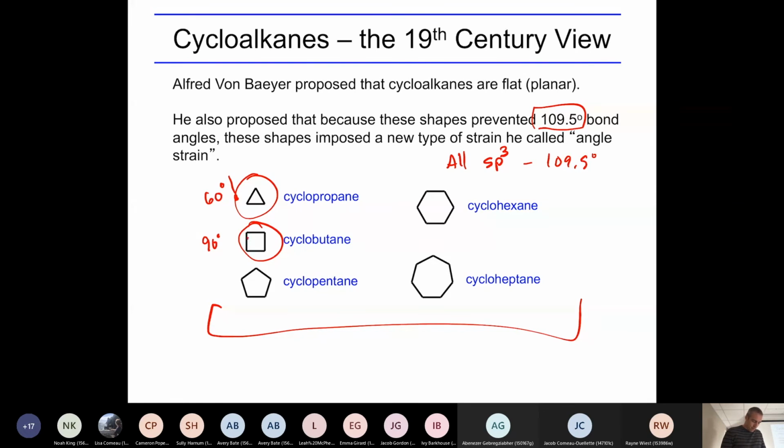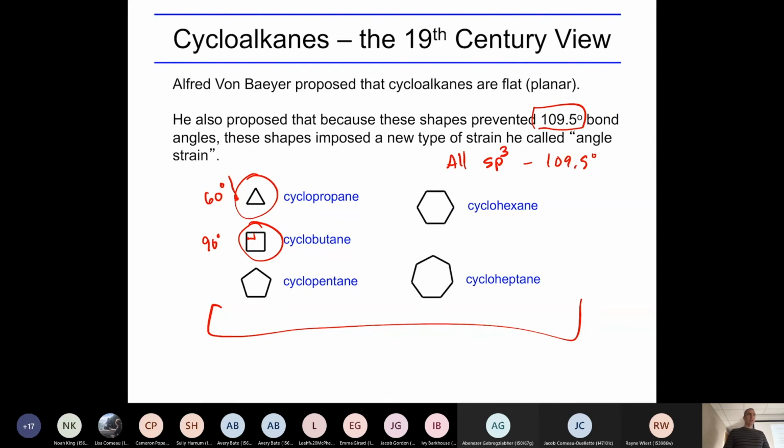You can have sp3 carbons with bond angles of 90 degrees. And when you do that, you're introducing strain. We call it angle strain because the angles aren't right. Sometimes we also call it ring strain. Ring strain and angle strain are the same thing. I think angle strain is a better word because you can have angle strain in compounds that don't necessarily have rings.